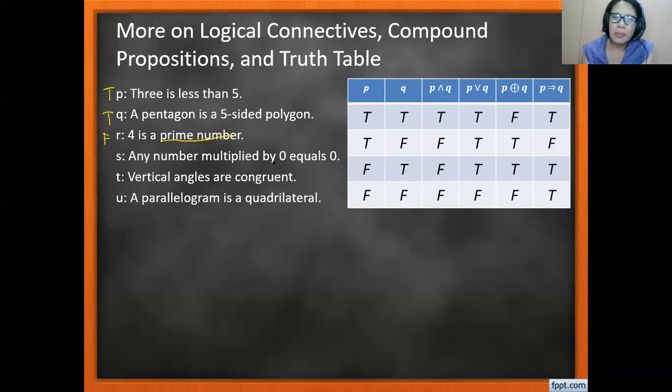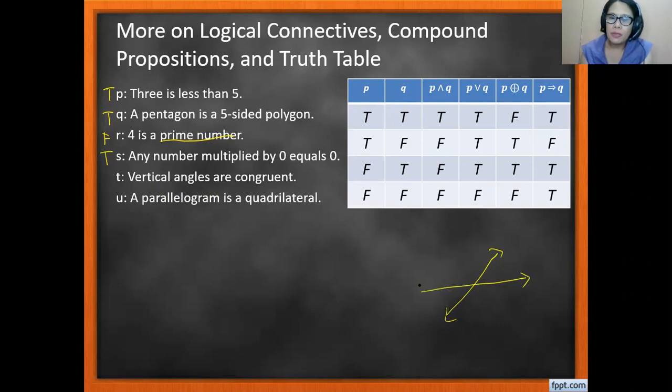Any number multiplied by 0 equals 0. So this is true. Vertical angles are congruent. What are vertical angles? Vertical angles are the result of two intersecting lines.